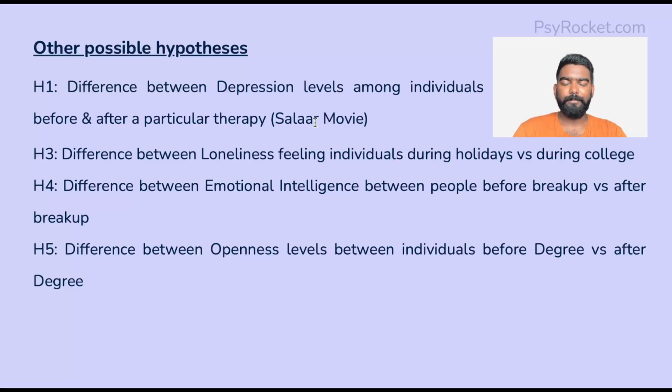After two therapy sessions, or maybe after a period of 1 month of therapy, you will administer the same questionnaire again, and you want to see whether the therapy significantly changed their depression levels. So in these cases, you will use the repeated measures t-test. Difference between loneliness feeling in individuals during holidays versus during college. All of these are possible with the repeated measures t-test. If you would like to know these hypotheses, please pause the video and check them.